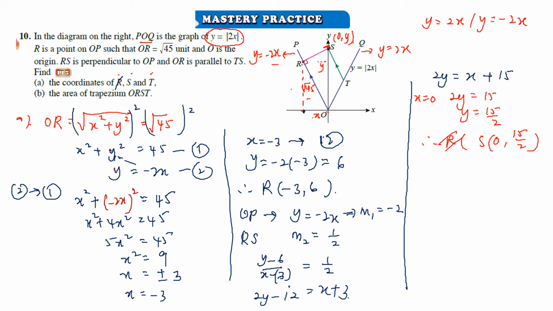Okay, now the last point will be the coordinates of T. Since we have the equation y equals positive 2x, if we obtain the equation of ST, then we can solve simultaneously again.